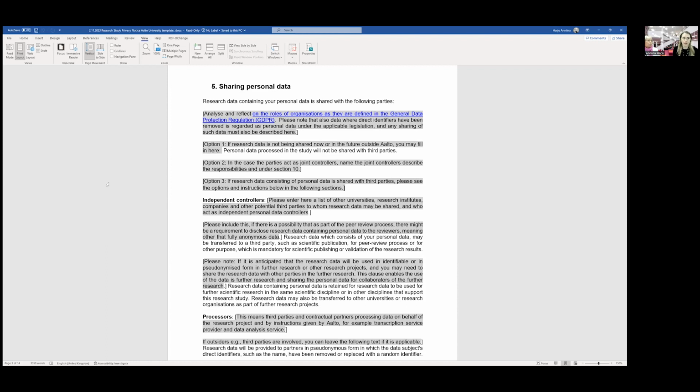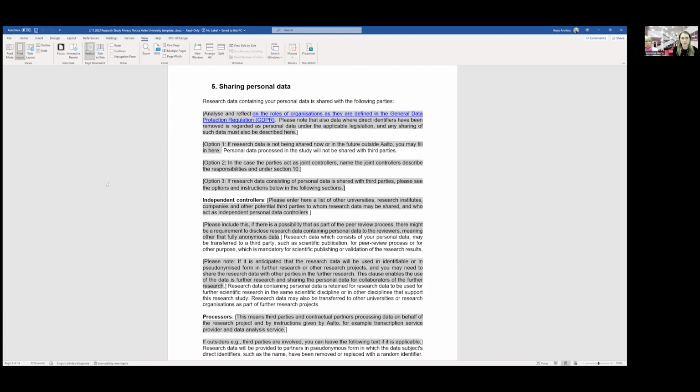I'm not transferring the participants' direct identifiers, their names or emails, so that should be fine. But unfortunately, under the current interpretation, the data that the other university receives without the direct identifiers is still regarded as personal data.